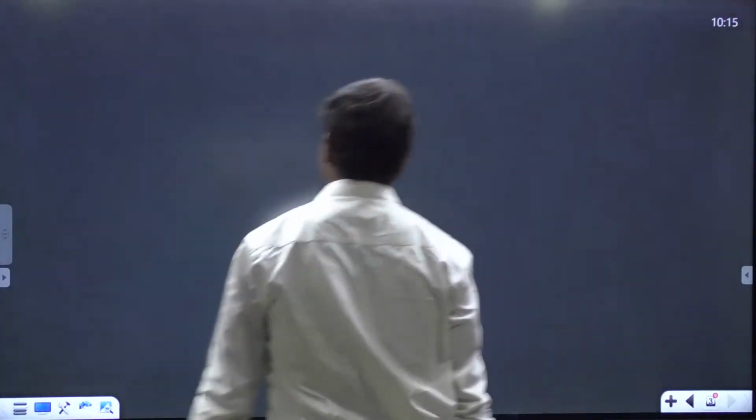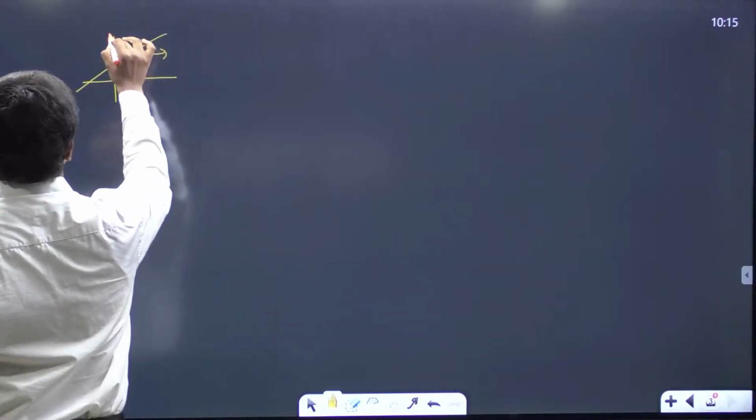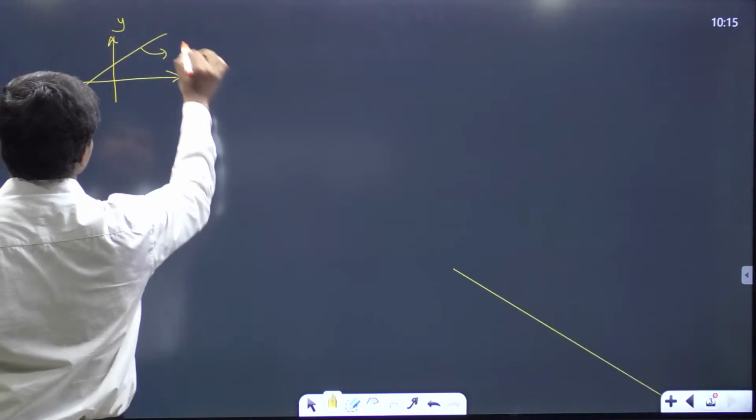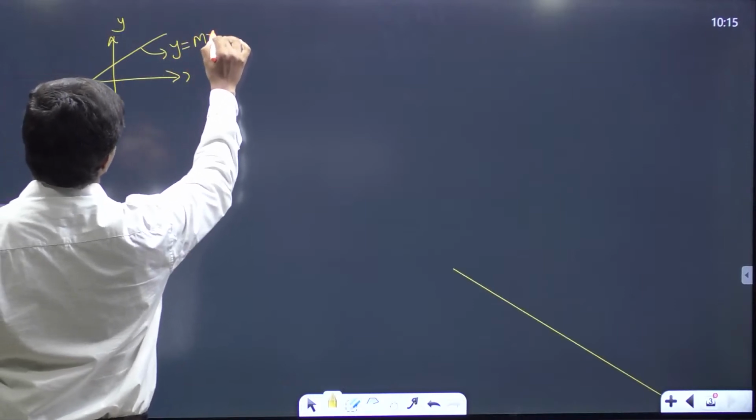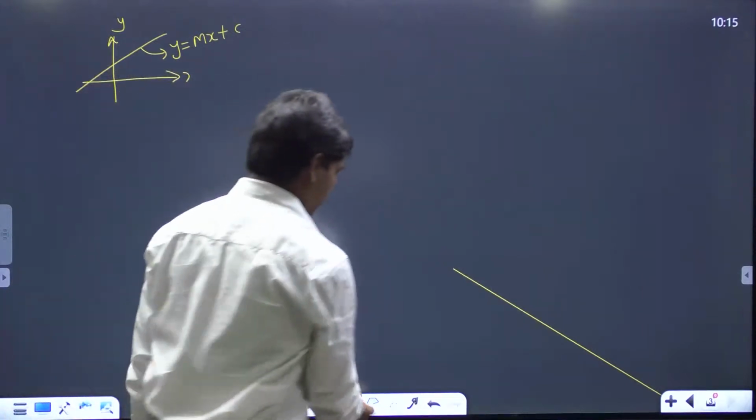Okay, so whenever you see a straight line like this, you know the equation of this line. Suppose this is y and this is x, then the equation of this line is y is equal to mx plus c, which is the equation of a straight line in math basics.